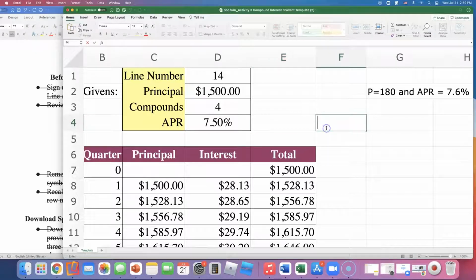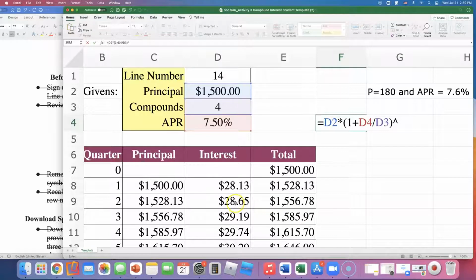It should be equal sign, the principal times 1 plus APR divided by the compounding frequency of 4. Close the parenthesis, and we're going to raise it to the power of, now, what quarter were we looking for? Weren't we looking for quarter 18?